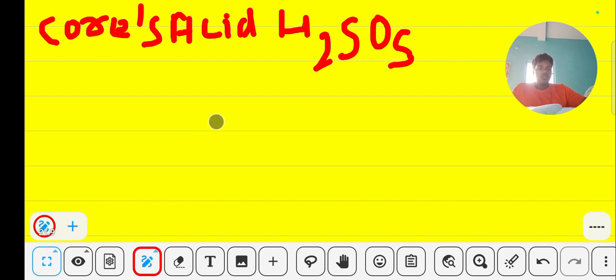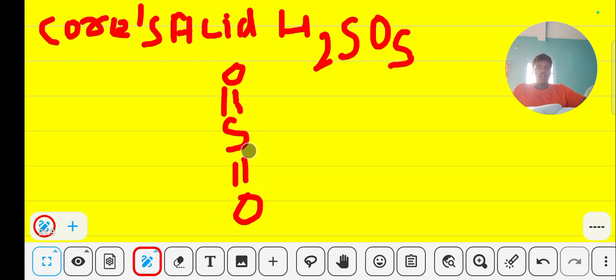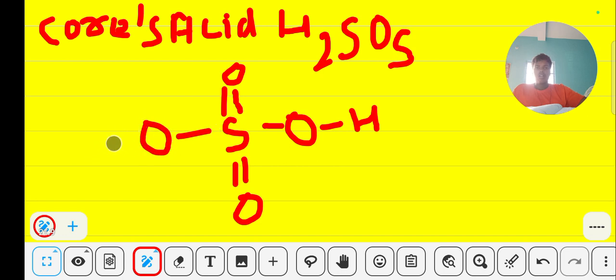In the center there is a sulfur atom, with a double bond to oxygen. This is the structure of H2SO4. So we have to add one oxygen.